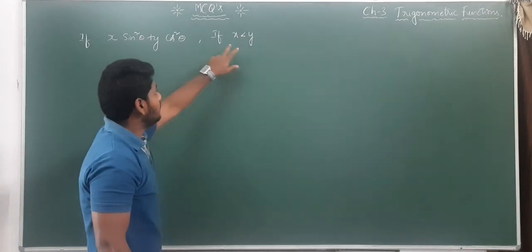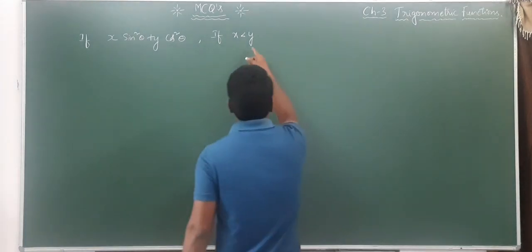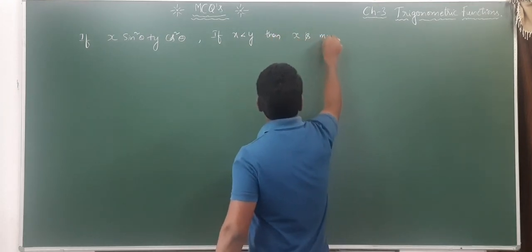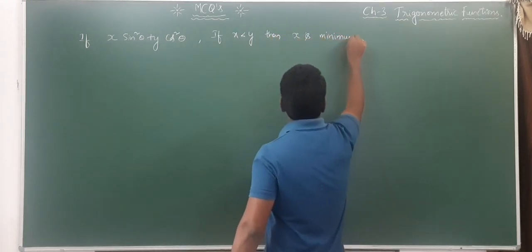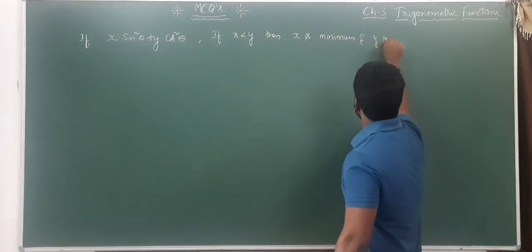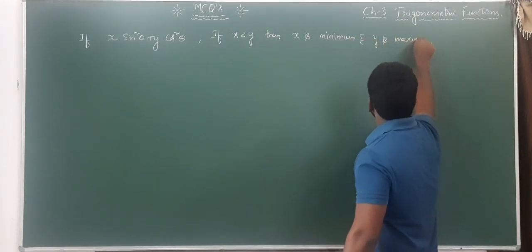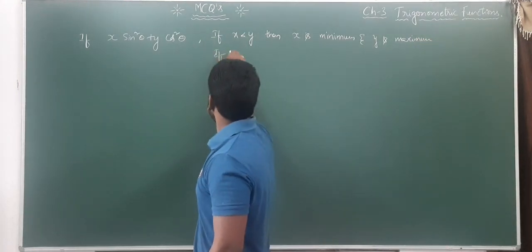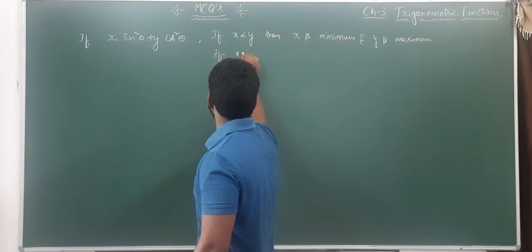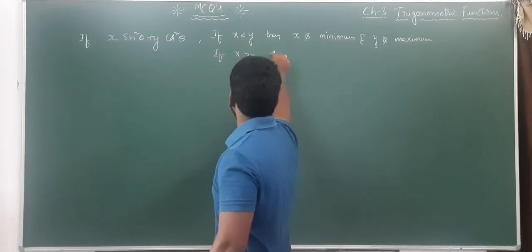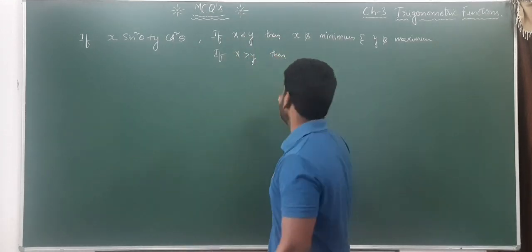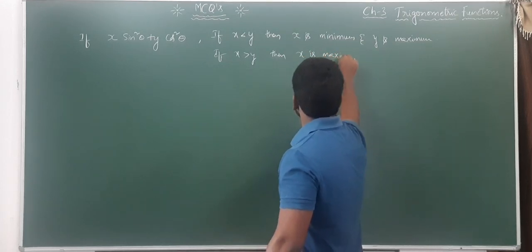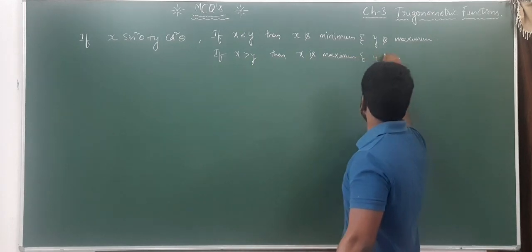In that case, if x is less than y, then x is minimum and y is maximum. Or if x is greater than y, then x is maximum and y is minimum.